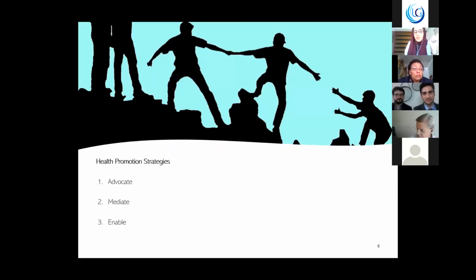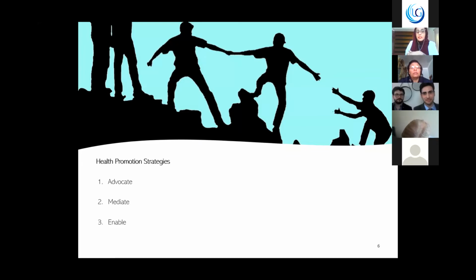Let's move on to the strategies. The three main strategies for health promotion are advocate, mediate, and enable. Advocate means how health promotion practitioners should establish social systems that support and maintain health.